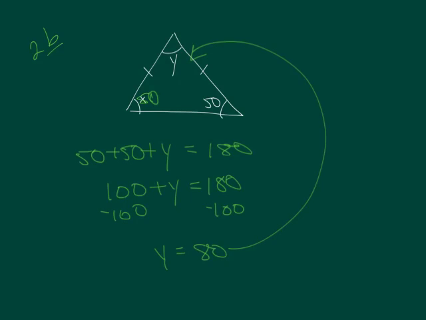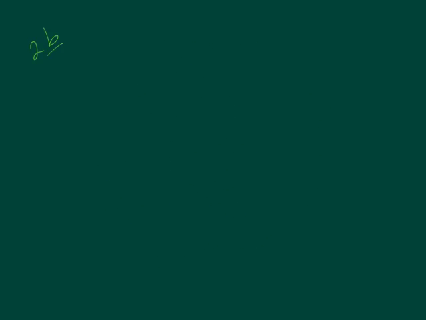And if you look at example number 2.3, they give us another triangle, and they tell us this one is 110, this one is y, and this one is x, and they tell us this is 8 and this is 8.